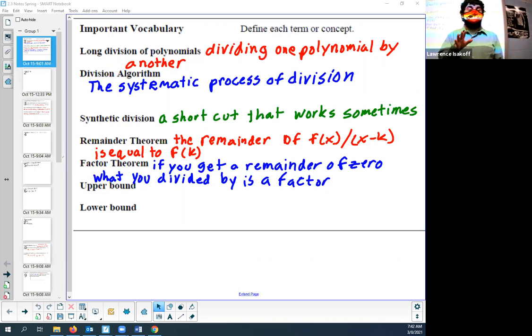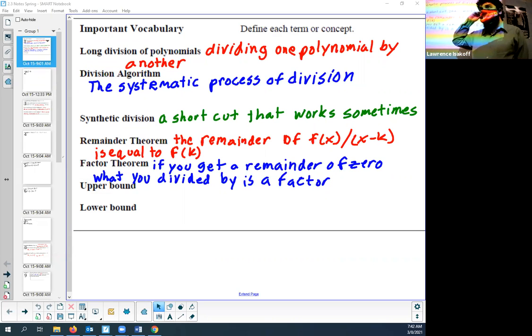But we have to learn the long division because synthetic division does not always work. Those cases are somewhat common, at least, and you can do a lot of problems with synthetic division, but it does not always work. A great place where synthetic division shows up is the remainder theorem.